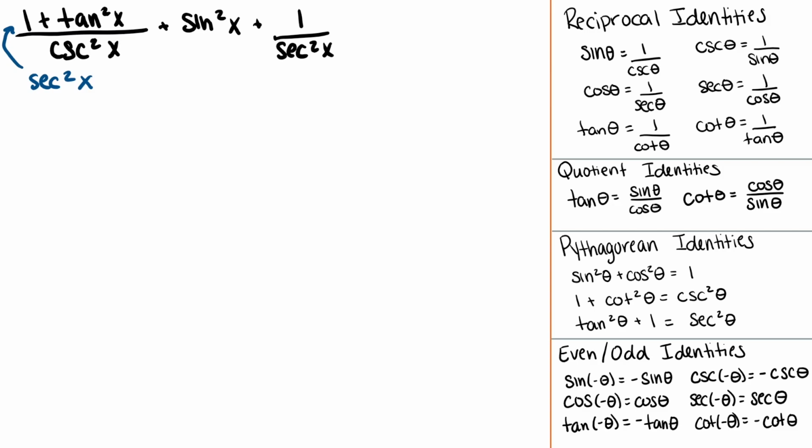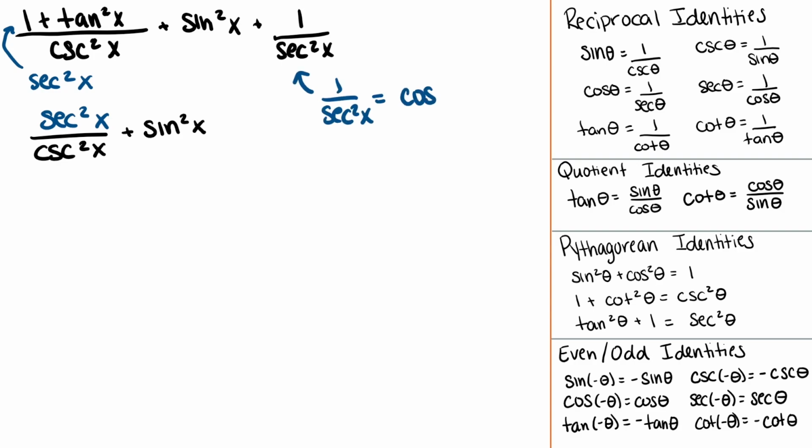So we can rewrite this as secant squared x over cosecant squared x. We can't do anything to our sine squared x right now, plus 1 over secant squared x. We see in our reciprocal identities that 1 over secant x is equal to cosine. So we can just rewrite this as cosine squared x.